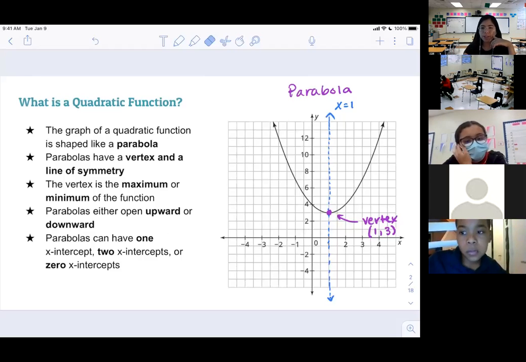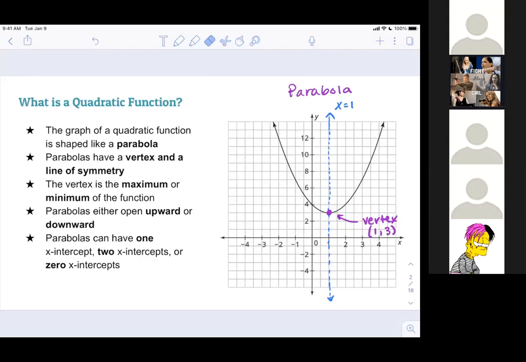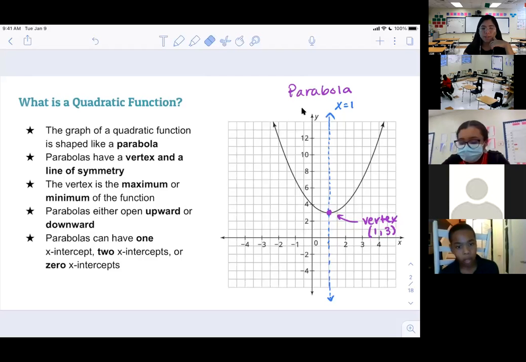Daniel, Samaj, Jalen. Oh, Jalen can't hear us. Alejandro, who can read the third bullet point?